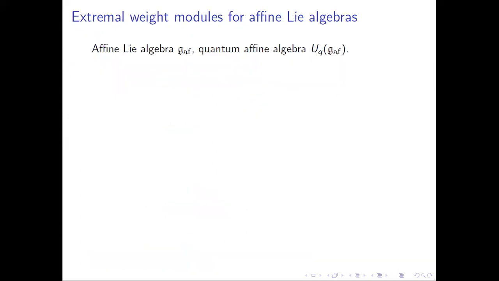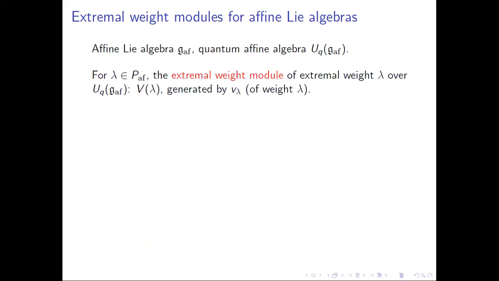So I'll start with the representation theory. You take an affine Lie algebra, g affine, and the corresponding quantum affine algebra, a deformation of the enveloping algebra, U_q of g affine. And if lambda is an affine weight, then you have the so-called extremal weight module of extremal weight lambda over the quantum affine algebra.